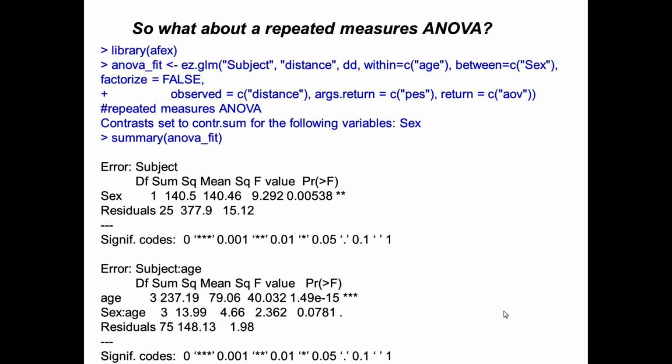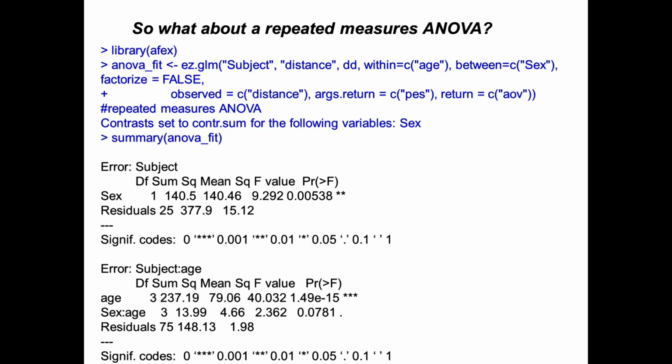So then what about repeated measures ANOVA? Let's go back to that, right? That would be really easy to use here. What I'm using here is the afex package, because I found it's actually very difficult to do repeated measures ANOVA in R. People who use R, maybe you can correct me.